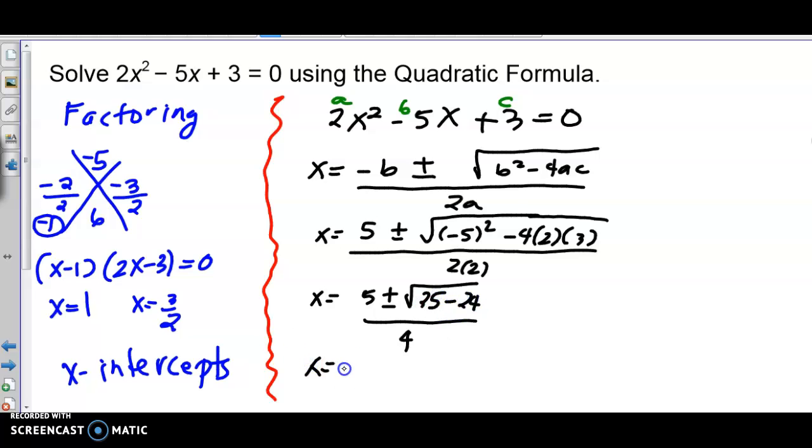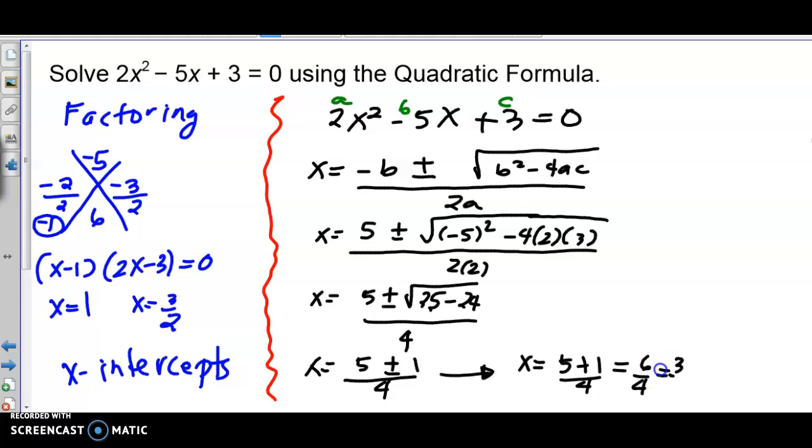So x is equal to 5 plus or minus 1, because 25 minus 4 is 1. If you get the square root of that, you still get 1 over 4. So now let's simplify your answer. Well, this can be broken down into x is equal to 5 plus 1 over 4, which is 6 over 4.